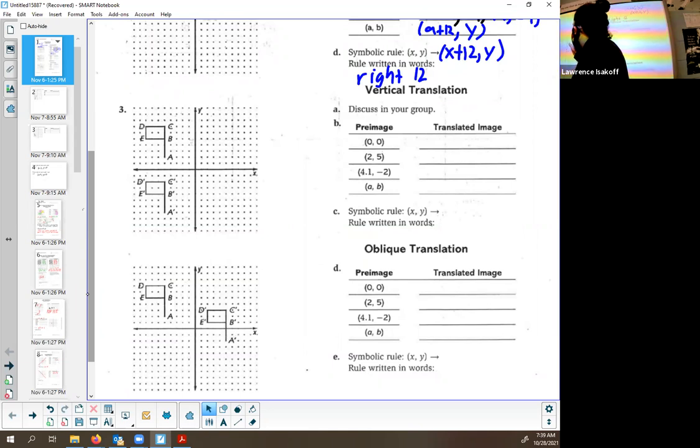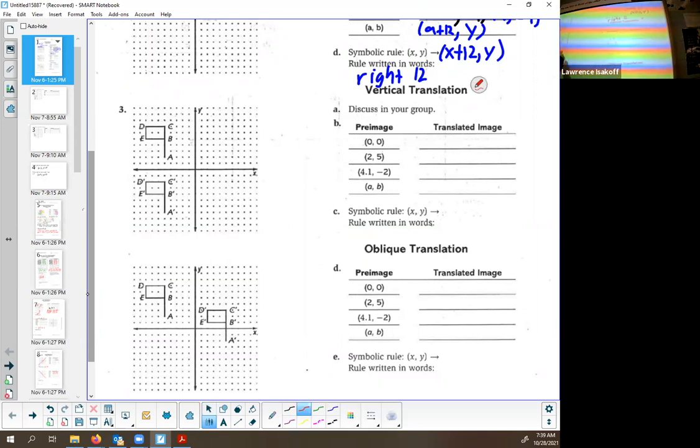This time, let's do C to C prime. For this, I'm going down 1, 2, 3, 4, 5, 6, 7, 8, 9. So this one is down 9 units.